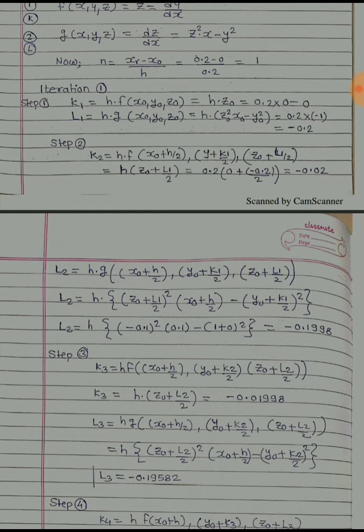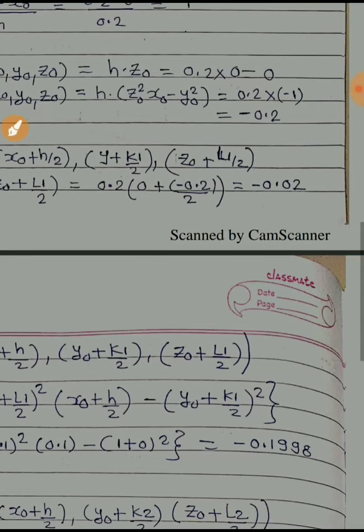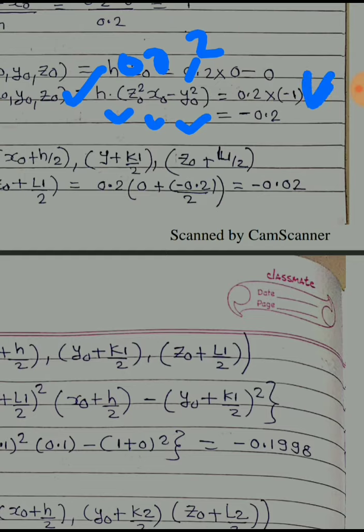If I put 1 square it will be 1, as this is the y0 square term. So you can observe it neatly: h into z0 square into x0 minus y0 square. This is 0, this is 0, and this is 1 square. 1 square becomes 1, so it is minus 1 square. 0.2 into minus 1 square. 0.2 is the value of h, right? So it is minus 0.2.